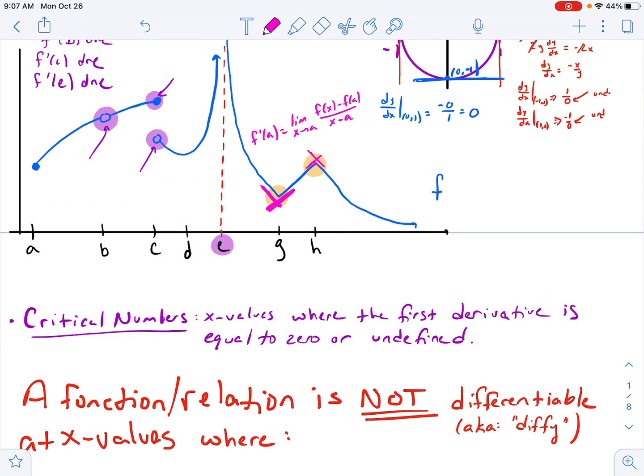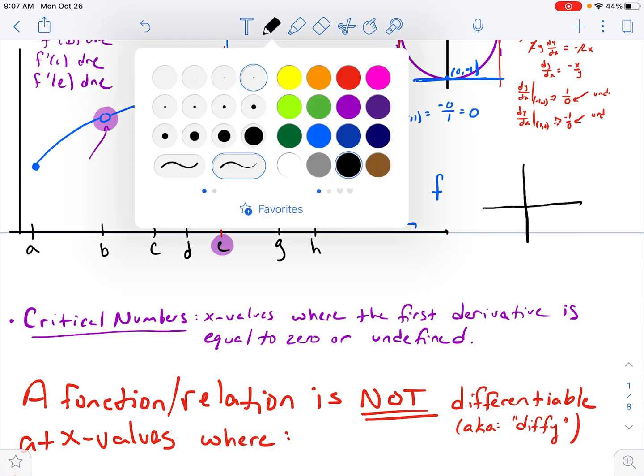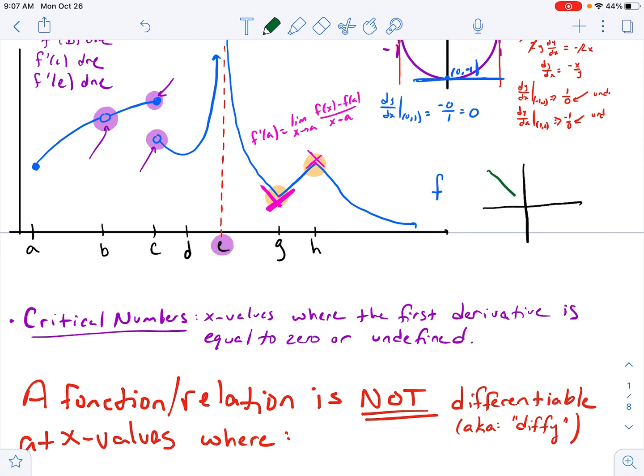And think of a function we should be familiar with that has a sharp corner in it. I'm hoping you're thinking of the same thing as I'm drawing this. f of x equals absolute value of x. The derivative does not exist at 0. We have two very different slopes coming into that point.